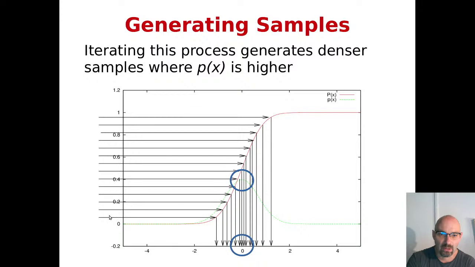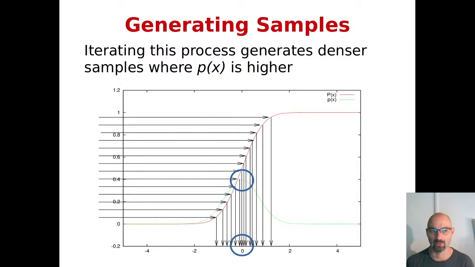Now you might observe that if I do this mechanism of drawing, going to the cumulative, inverting, and so on, I have many more samples where the function is steep, which is actually around the mean of my hypothetical Gaussian distribution. But I repeat, this mechanism holds for generic distributions, and we're not restricted to Gaussians.